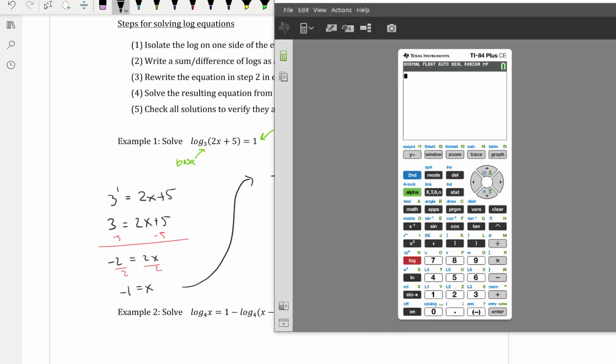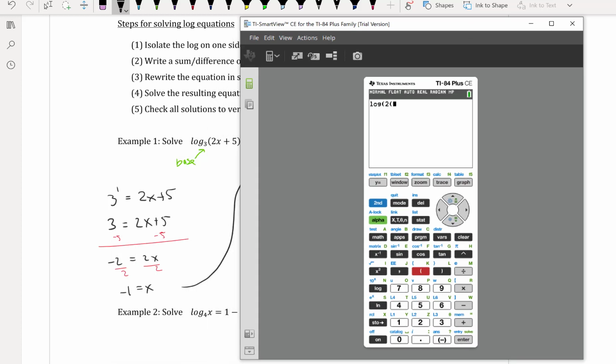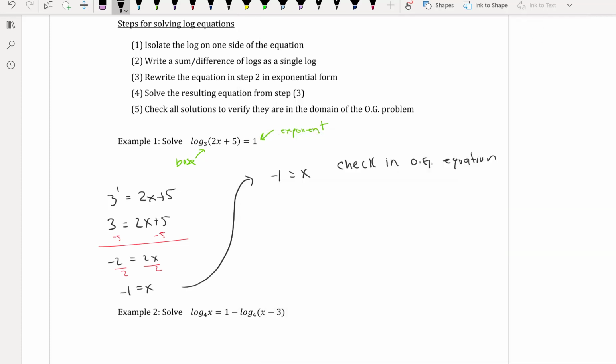I have log of parentheses, 2 times negative 1, plus 5. Notice this is log base 3, but I don't have that on my calculator. I just want to make sure that the inside won't be negative. It's not negative, it's a small decimal number. So I definitely know that my answer is x is equal to negative 1.